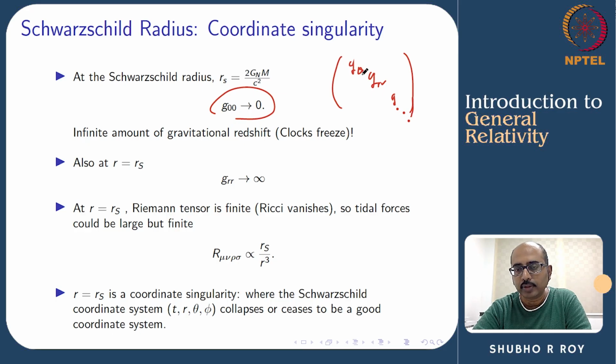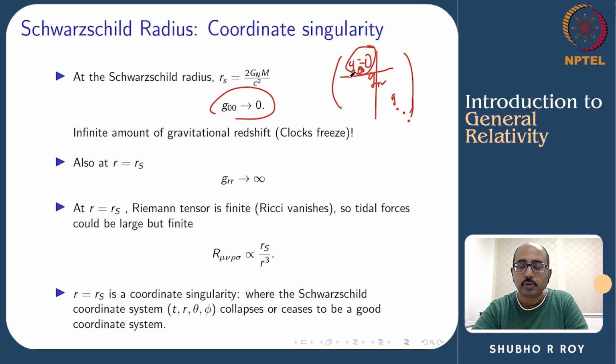The metric looks diagonal in this coordinate system, and G00 goes to 0 at rs, so the metric degenerates. Okay, and if you remember, one of the postulates of Riemannian geometry was that the metric is a non-degenerate, symmetric tensor. But because we chose this coordinate system, which is called the Schwarzschild coordinate system, we have to face this unpalatable situation where the metric becomes degenerate because one of the eigenvalues is 0 now.